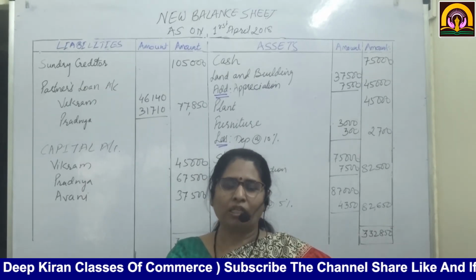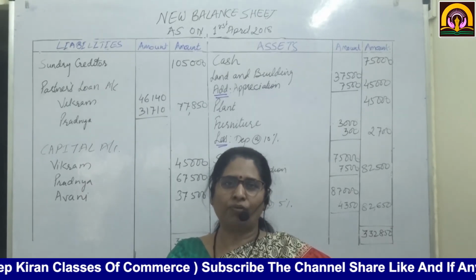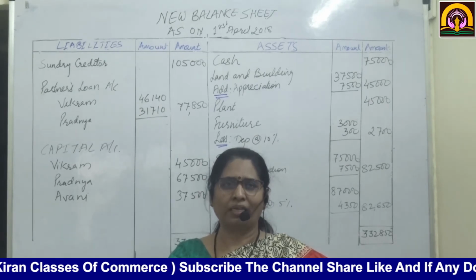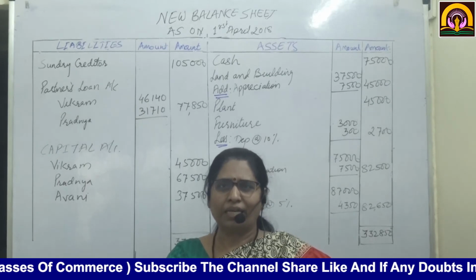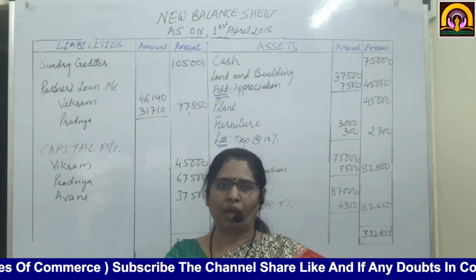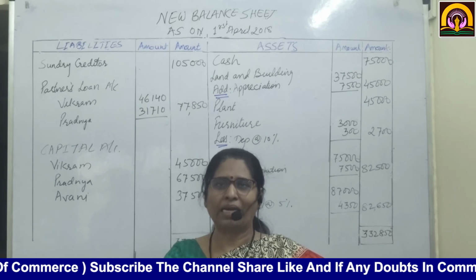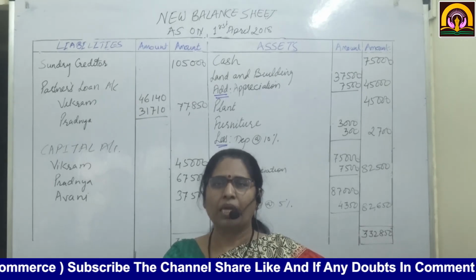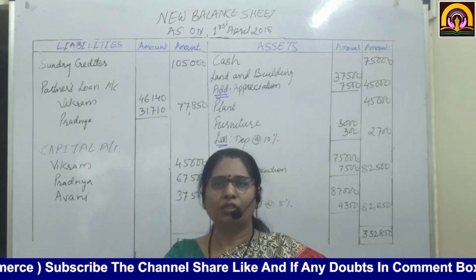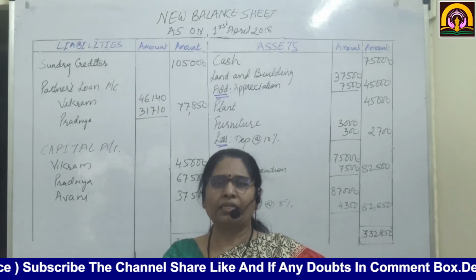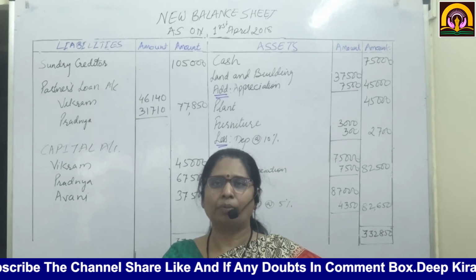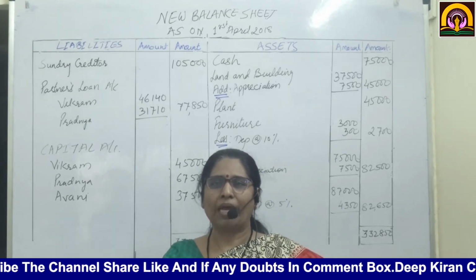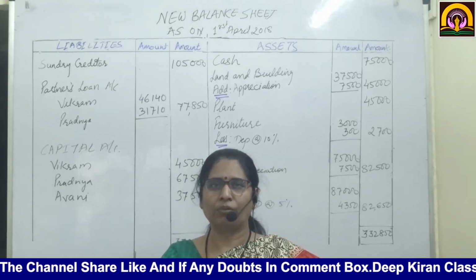Okay, on the liabilities side, first is sundry creditors. There was no revaluation on sundry creditors, so that amount will be as it is, 1,05,000. Then partners loan account, in the sum they had told that excess amount on the capital be adjusted and kept as loan in the partnership firm.